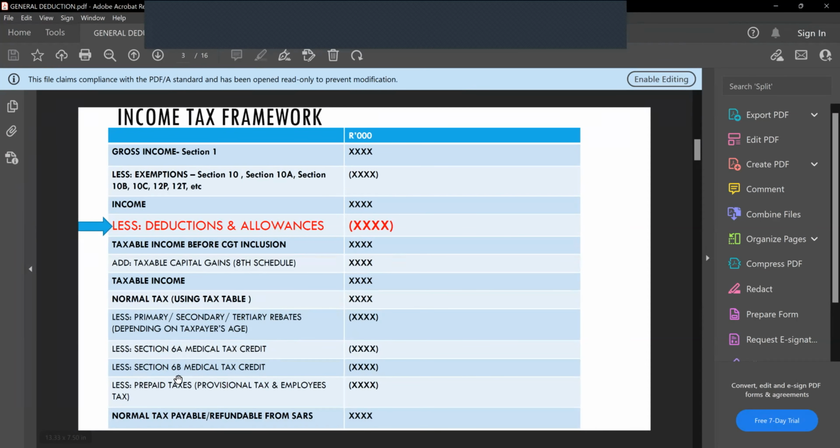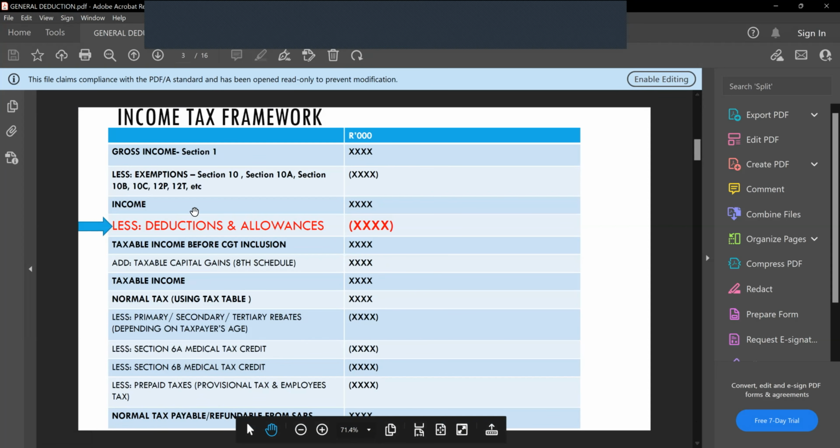We also deduct Section 6A medical tax credit, Section 6B medical tax credit, prepaid taxes, provisional tax, as well as employees tax. And that, ladies and gentlemen, is how we calculate the normal tax payable or refundable from SARS, right?